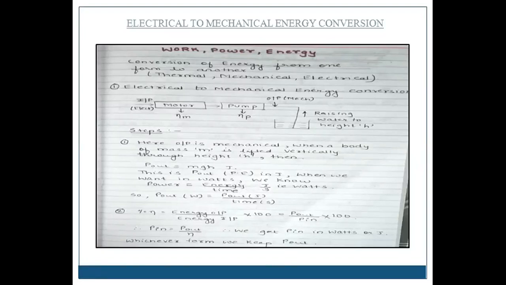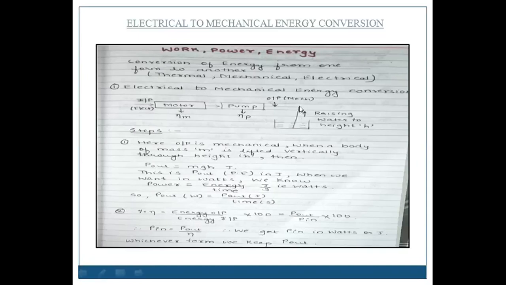Now when such type of question comes in the exam, most of the time the data given to us is on the output side, by how much height the water has to be raised, very firstly, and secondly here you can see efficiency is given, efficiency of motor and efficiency of pump. Most of the time this data is given and they tell you to calculate the input electrical energy. Okay, so how will we proceed with such type of examples?